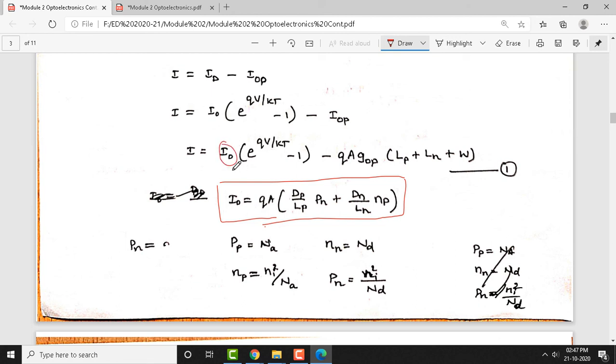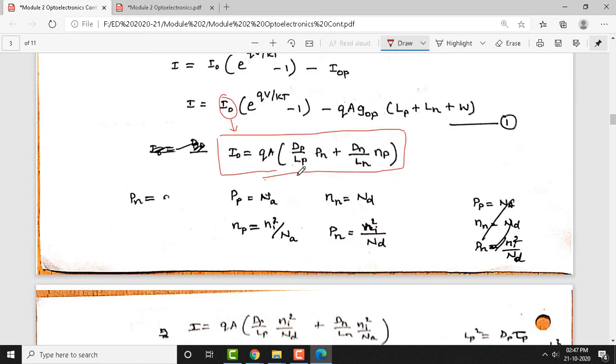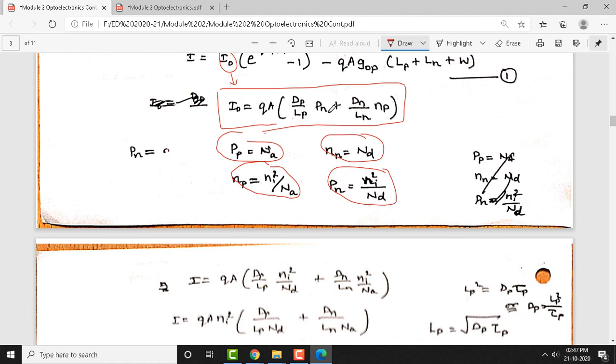This I naught can be simplified further by substituting all these relations: pp is equal to Na, nn is equal to Nd, np is equal to ni squared by Na, pn is equal to ni squared by Nd. If you substitute all these, in place of dp by Lp, we have kept it as it is here, dp by Lp.